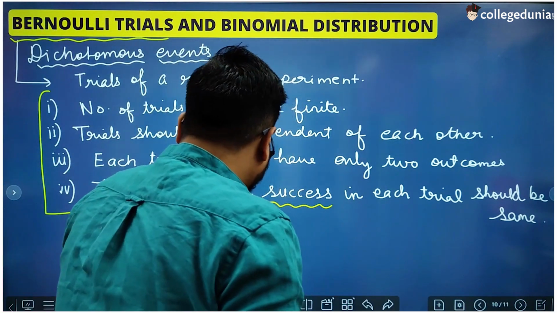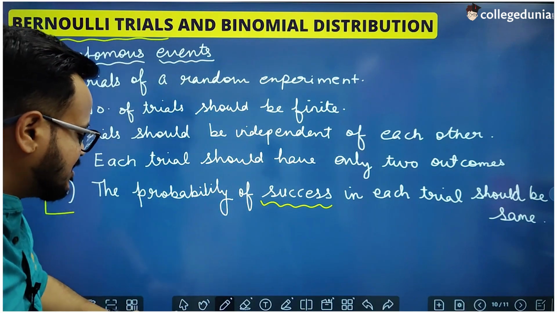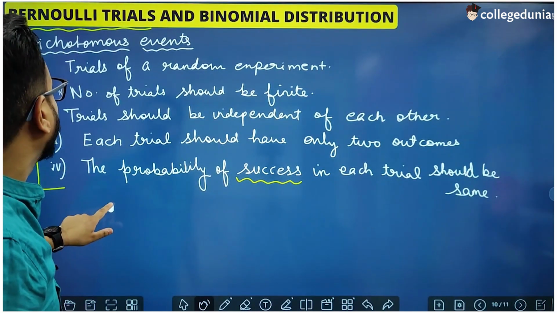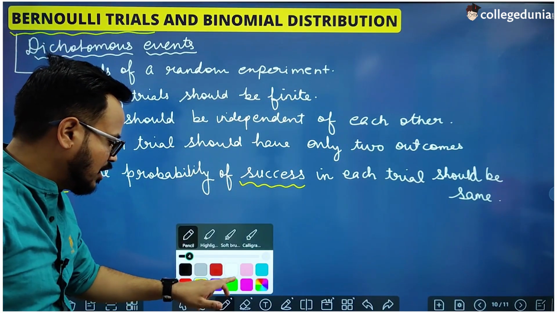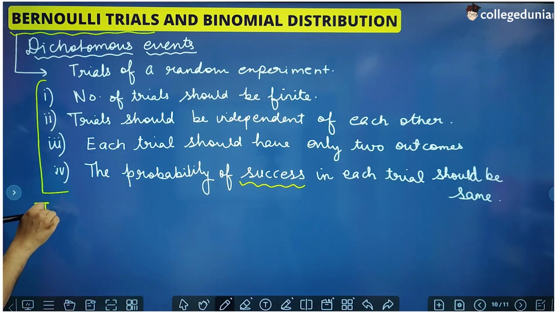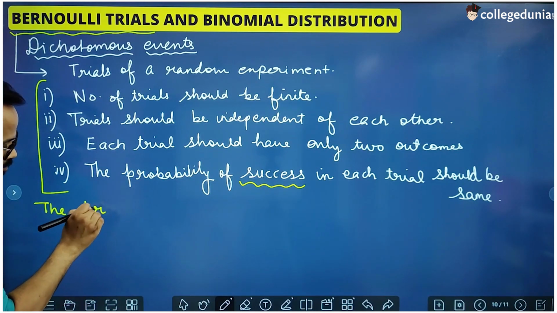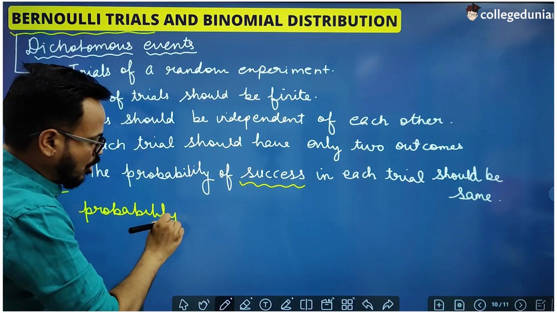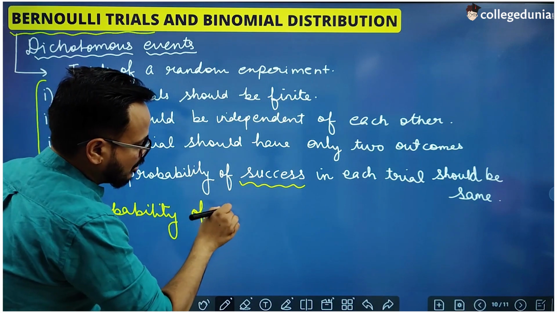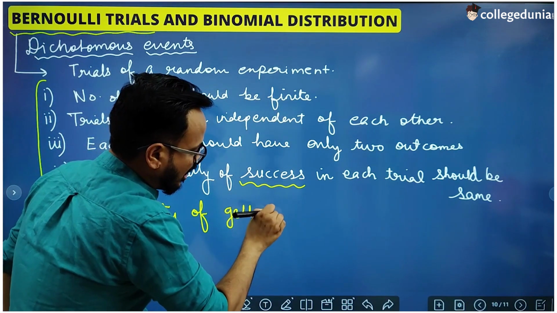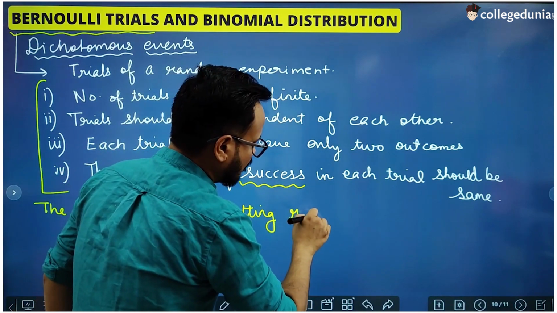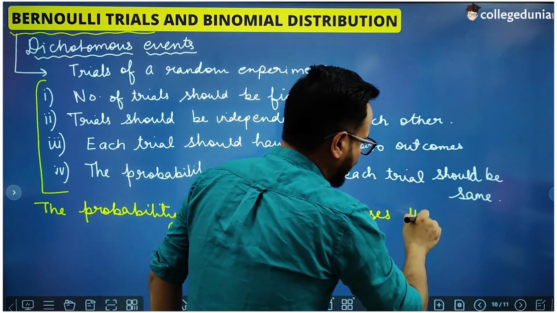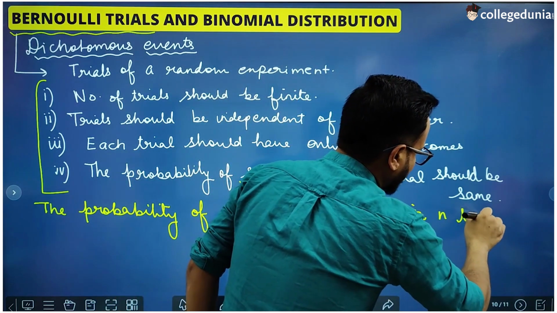right? Okay, so for Bernoulli's trials we have a formula for finding the probability of getting R successes in N trials, right?